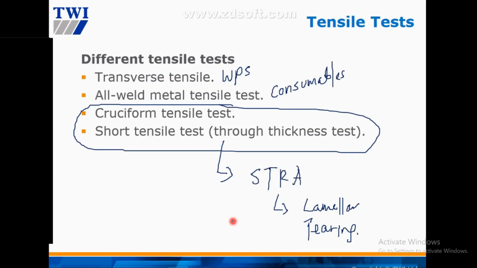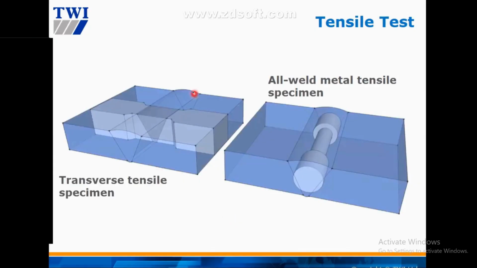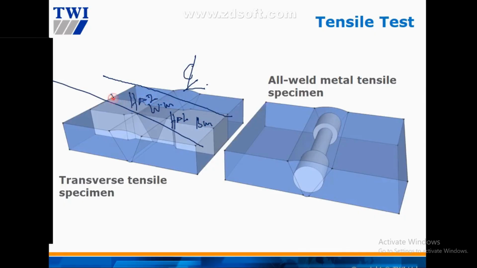All right, we move. So here we can see that one is the center line of the weld. Then this transverse tensile, they cut transversely. So it must include base metal, HAZ, and also weld metal here, HAZ at this point, and also another base metal here.